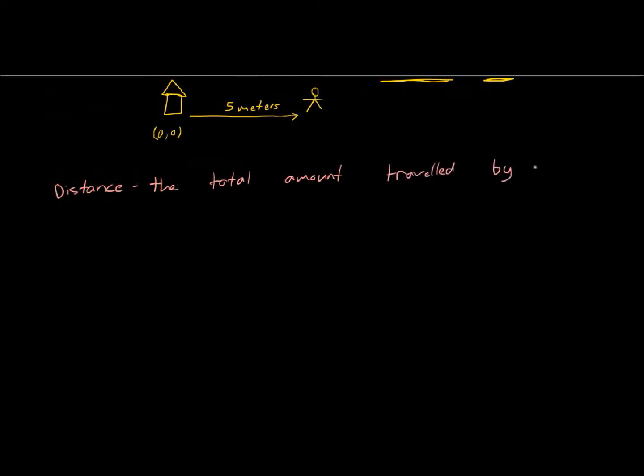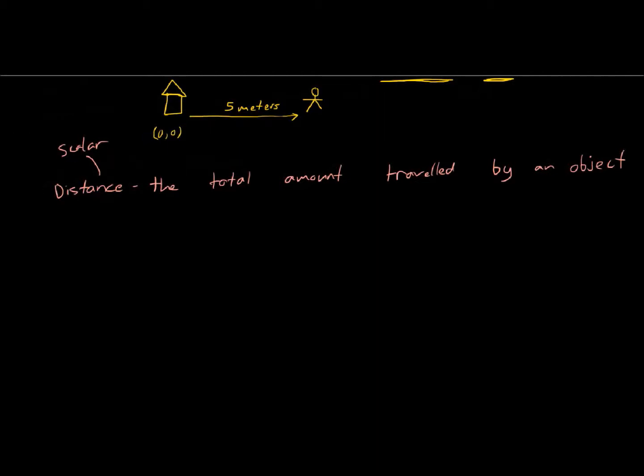So let's think about what that means. The total amount traveled by an object. You might be thinking, well, it doesn't matter if it travels 5 meters to the north, 5 meters to the east or west or anything like that. The total amount traveled by an object will be the same. So distance is a scalar quantity.